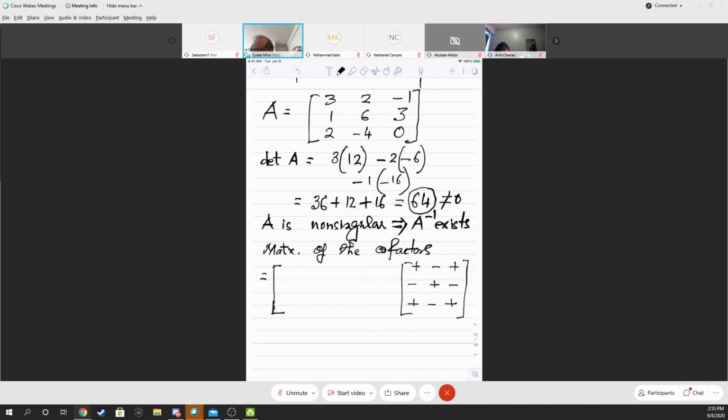So 0 minus minus 12. So that is 12 with the positive sign. Correct me if I make any mistakes, that's for you to check also. You do it with me. 0 minus 6, that is minus 6 with a negative sign.